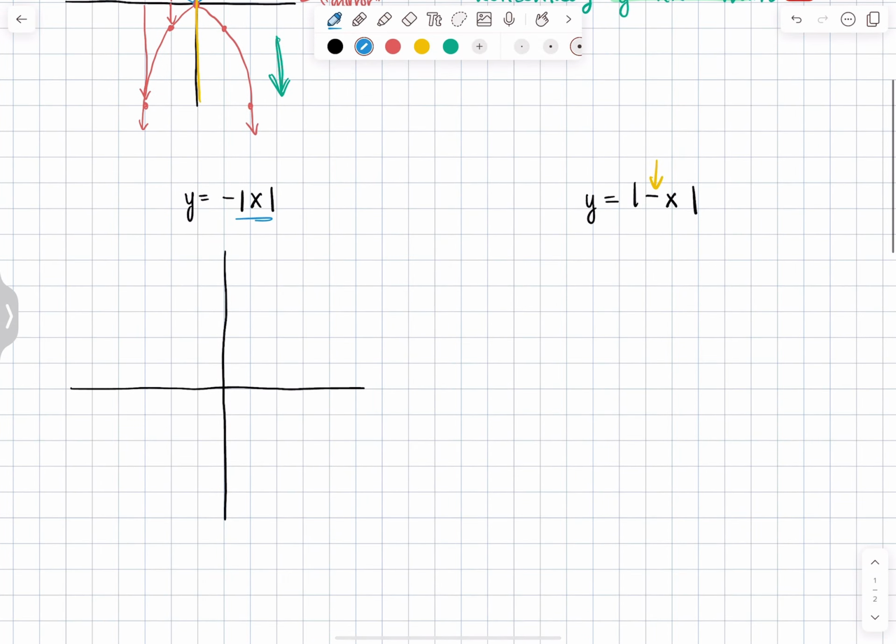We're going to start by drawing our absolute value function. 1, 2, 3. So we know it's going to be like this and this way. It's not perfect, but we see it. And we know that it's over the x-axis, right? So all we're going to do is draw the same graph on the other side.